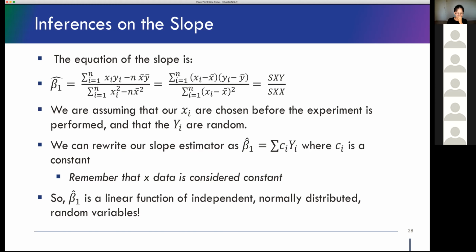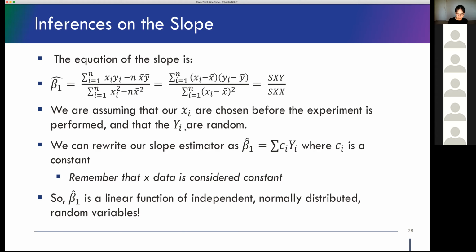We knew that beta 1 hat is calculated in this way. We're always assuming x is known because x is normally chosen before the experiment is performed. So we're assuming x is fixed, but the y's are random.